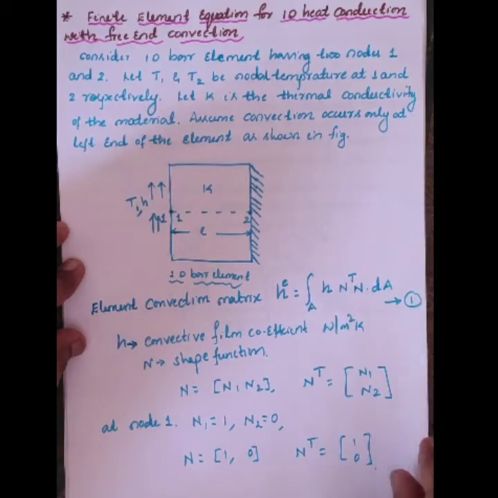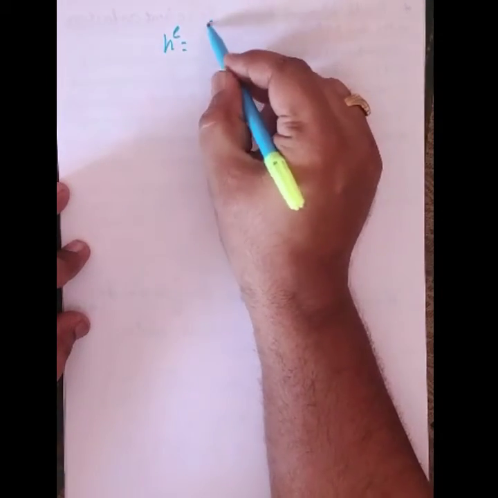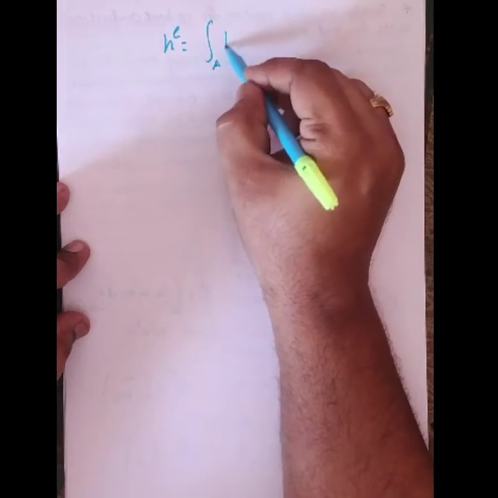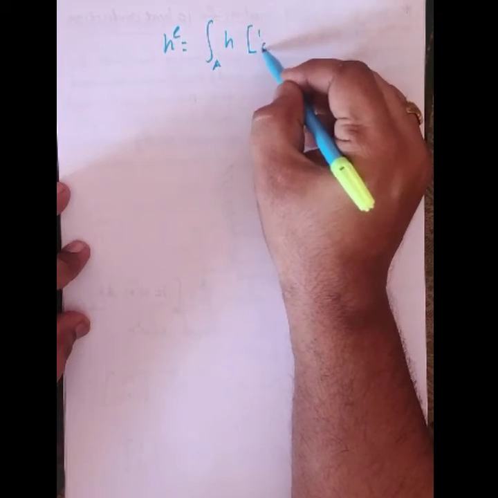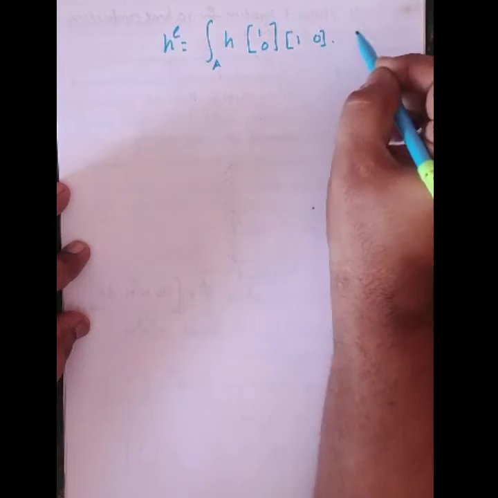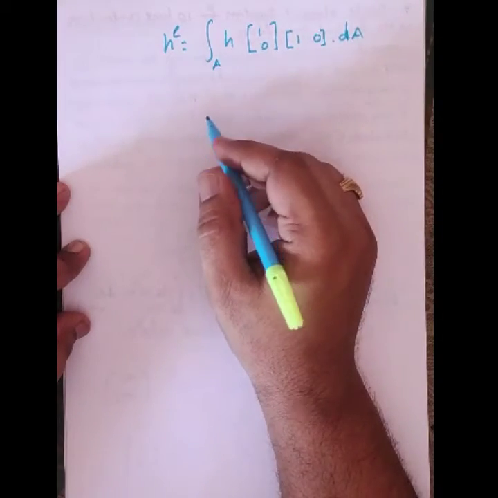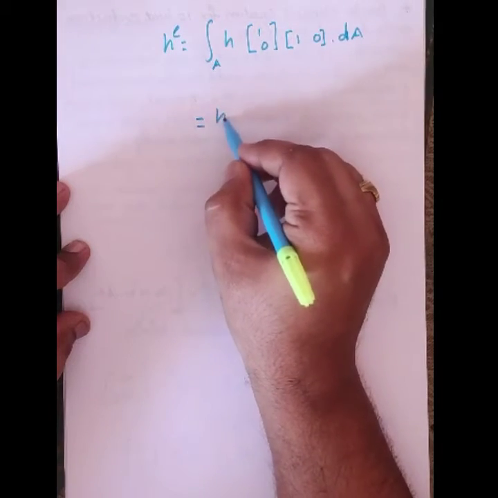Now substitute back into equation number 1. That becomes H^e equals the area integral of H times N transpose, which is [1, 0] as a column, times N, which is [1, 0], dA. Simplifying, H is common.